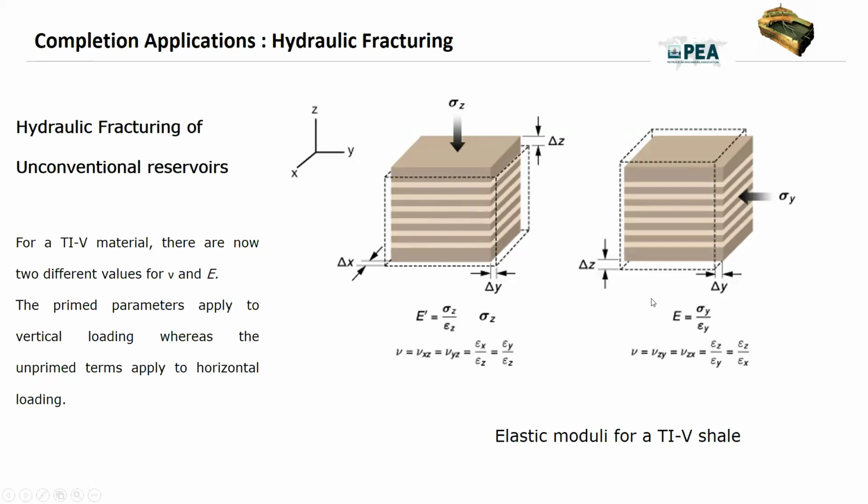So here is an example of Young modulus and Poisson's ratio response within elastic modulus for a TIV shale. For a TIV material, as you know, the Young modulus in X direction and Y direction are different, and also for the Poisson's ratio, the physical and elastic parameters should be different in different axes.